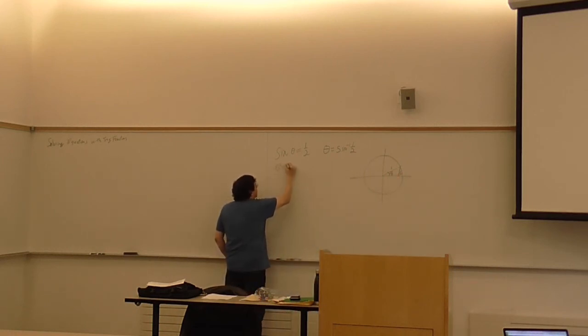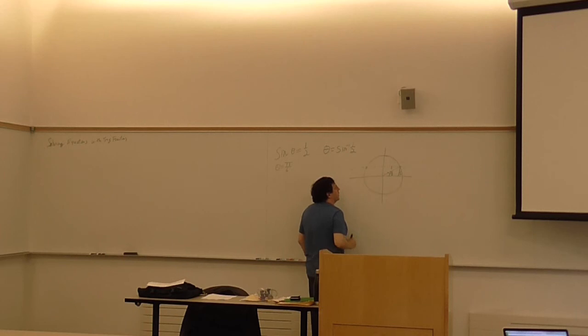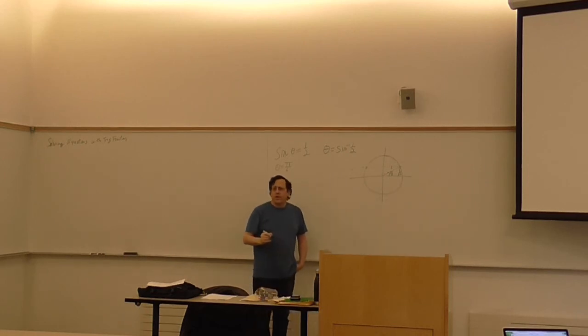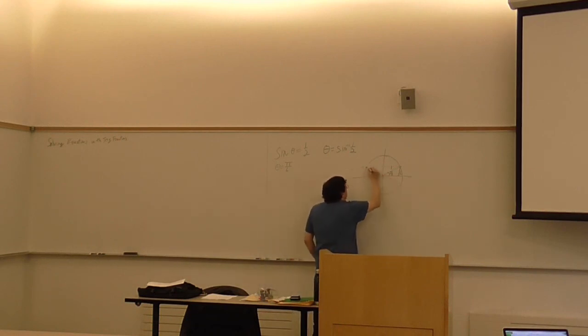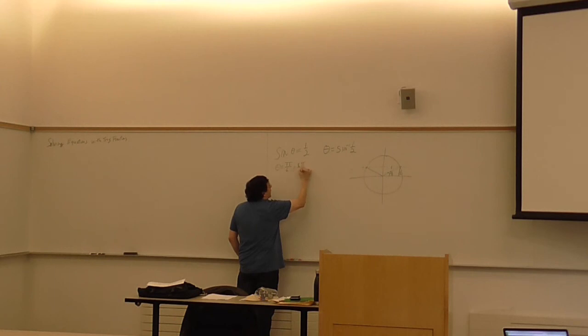So theta is pi over 6. But this is not the only place where the sine is a half. Because the sine is the y-coordinate, we can just draw a line across here and see that there's going to be another place where sine is a half. And that, of course, will be the supplement, which is 5 pi over 6.